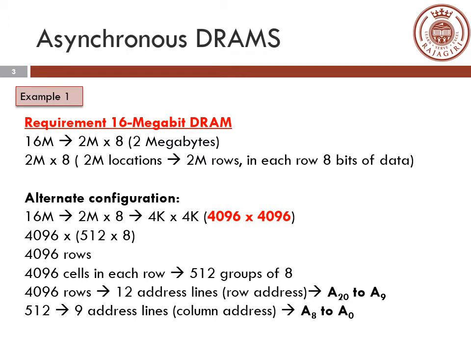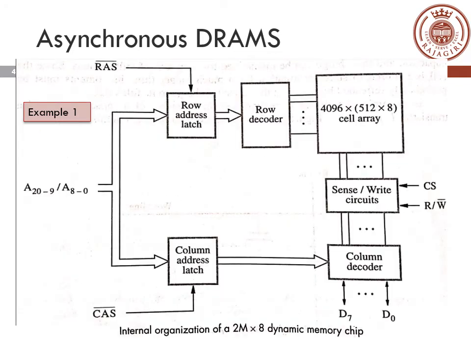Now in order to decode these 4096 rows you are going to have 12 address lines, that is A20 to A9, and to represent 512 groups you need to have 9 address lines. So that is the column address A8 to A0. Now you can see the diagram, the first example.